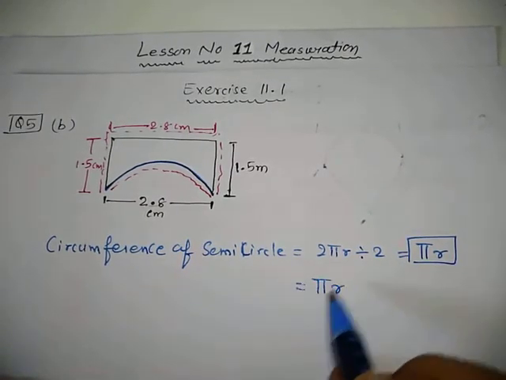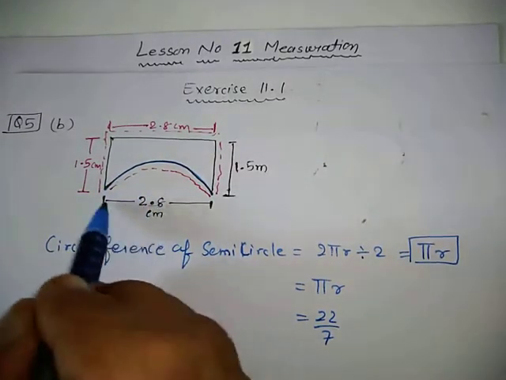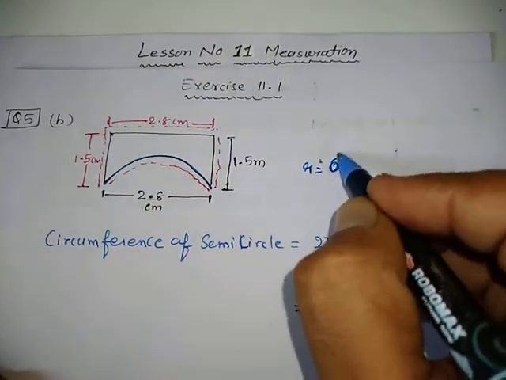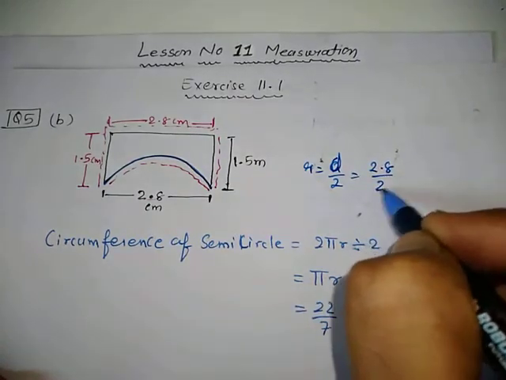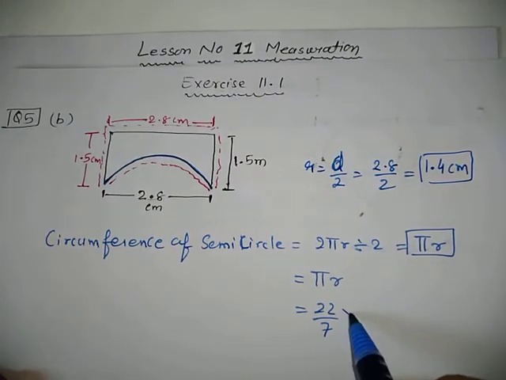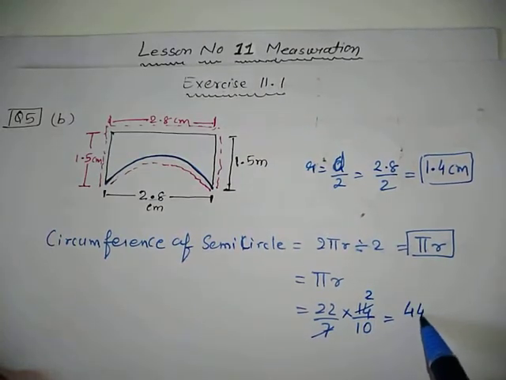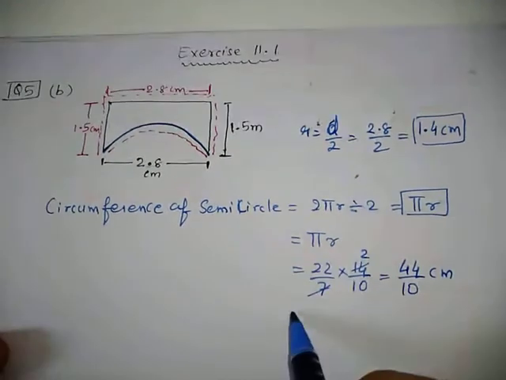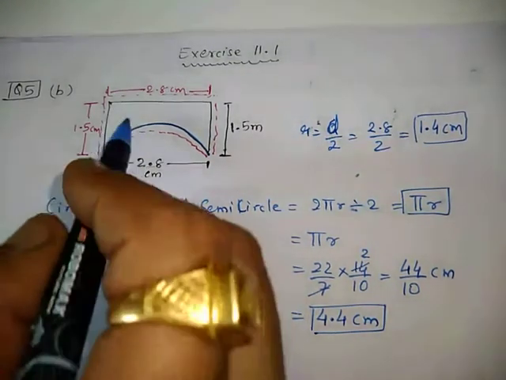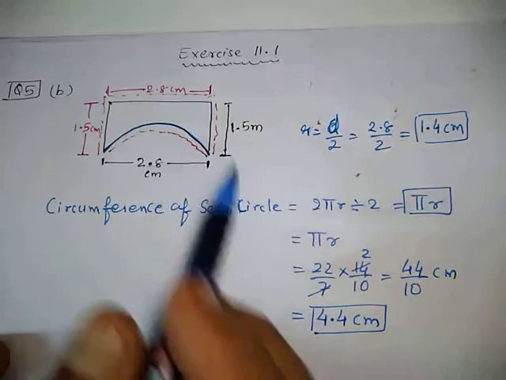So 22/7, and what is its radius? This is the diameter, so half of it, r is equal to d by 2, that is 2.8 divided by 2, so you get 1.4 centimeter. We can write it as 14/10. So 22 by 7, 7 twos are 14, so 44/10 centimeter, that is 4.4 centimeter in decimal. So this much is 4.4 centimeter, and the remaining 1, 2 and 3 we can add.